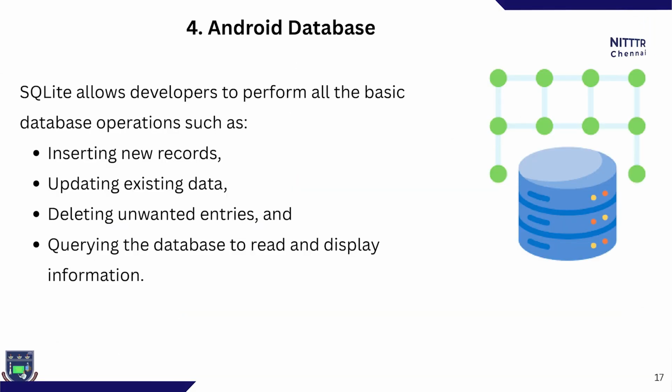SQLite allows developers to perform all the basic database operations such as inserting records, updating existing data, deleting unwanted entries, and querying the database to read and display information. These operations are carried out using simple SQL commands, which make it easy to communicate with the database. Let us understand why databases are useful in Android applications.